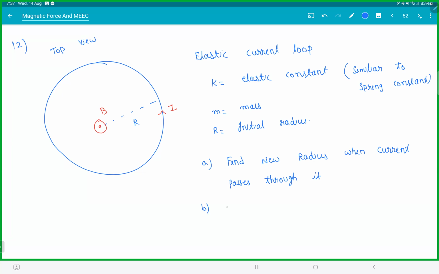The second thing, if the system is in equilibrium, find time period for small oscillations. The system is settled down, and let's say you just change the current a little or change the magnet a little, or you just pulled it and left it. Find time period for small oscillations.